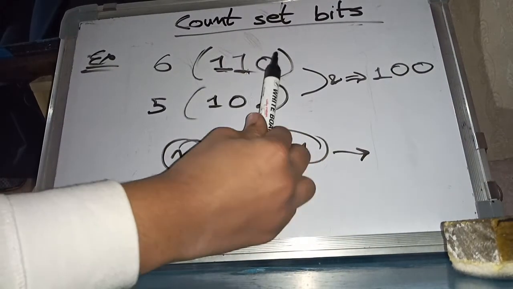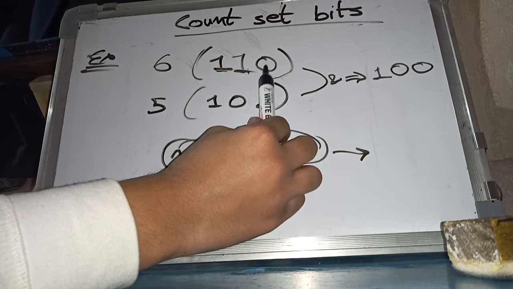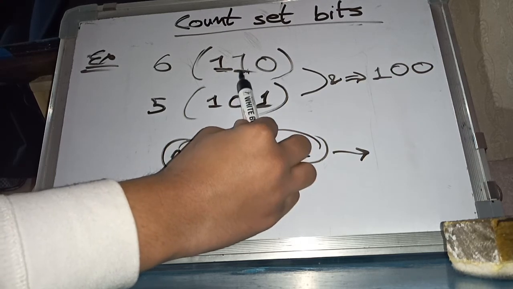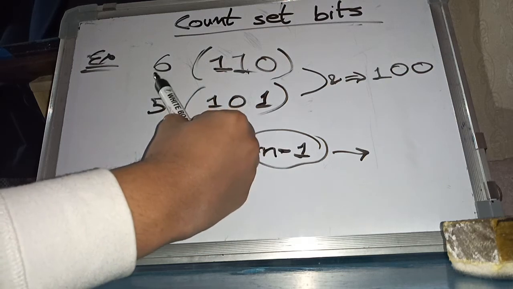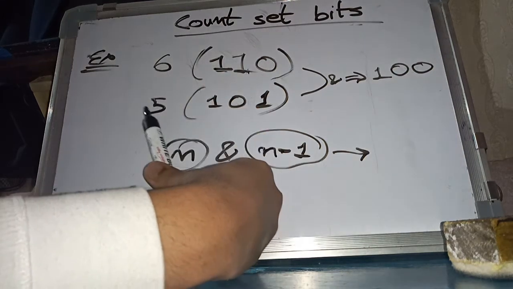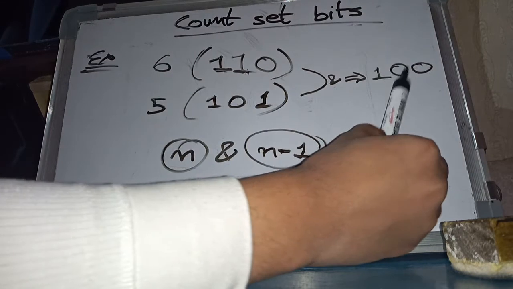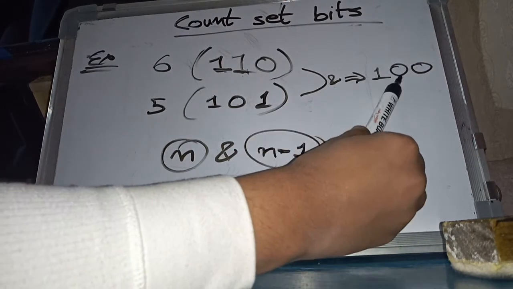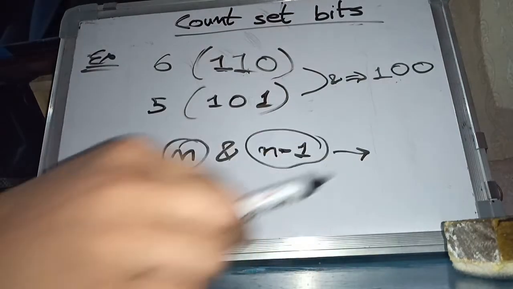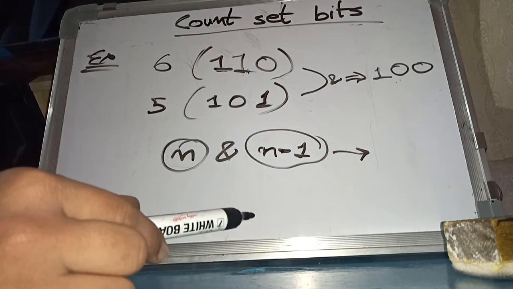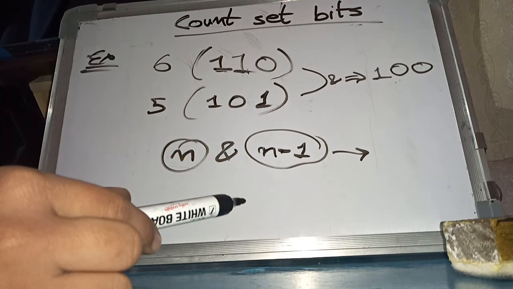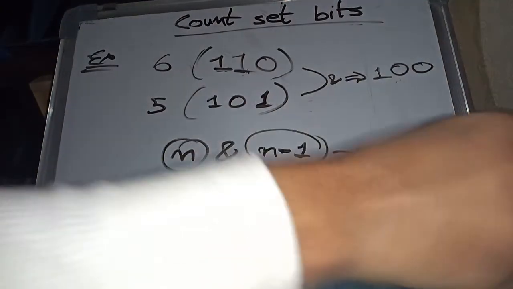So what did I basically do? I inverted the rightmost set bit of this number n by ANDing it with n minus 1. You can see I inverted the rightmost set bit, right? So this is the key. This is the logic which we are going to use to solve the count set bit problem.